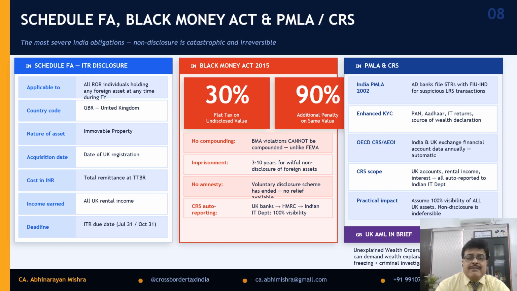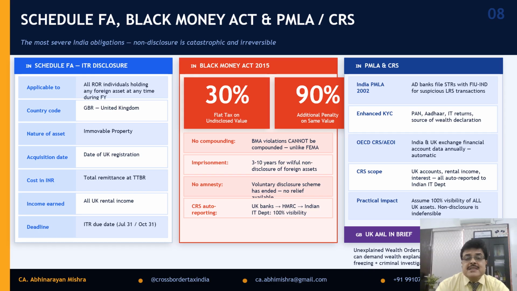Why is this FA disclosure important? Because under the Black Money Act, you have to pay 30% flat tax on undisclosed value and an additional 90% penalty on the same value. There is no compounding provision available, and a Black Money Act violation cannot be compounded, unlike FEMA violations.